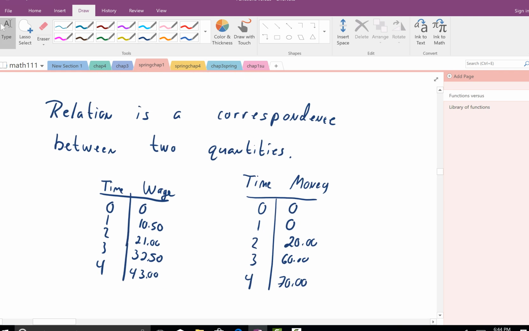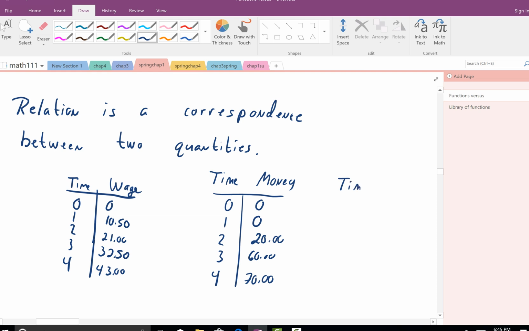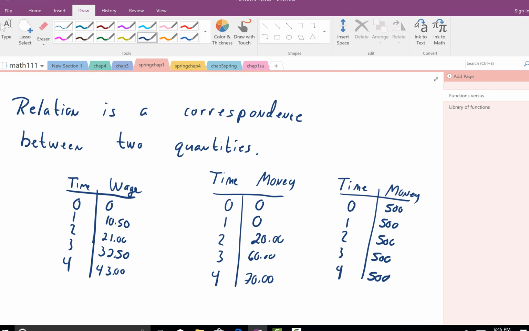Again, it's a correspondence between two quantities, time and money. It's just a different situation. And maybe you've got one with time, money, 0, 1, 2, 3, 4, and it doesn't make any difference when you show up. You're going to make this amount no matter what. It's maybe on a salary or something. So that's what it would be maybe for a day or something. So still, this is a correspondence.